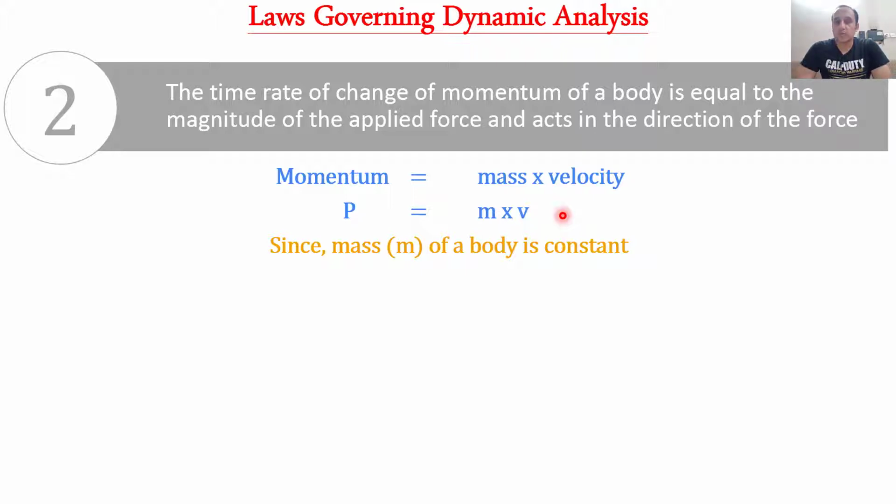So if we want to calculate the time rate of change of momentum, which quantity will change? Mass is not going to change, so the velocity is going to change.